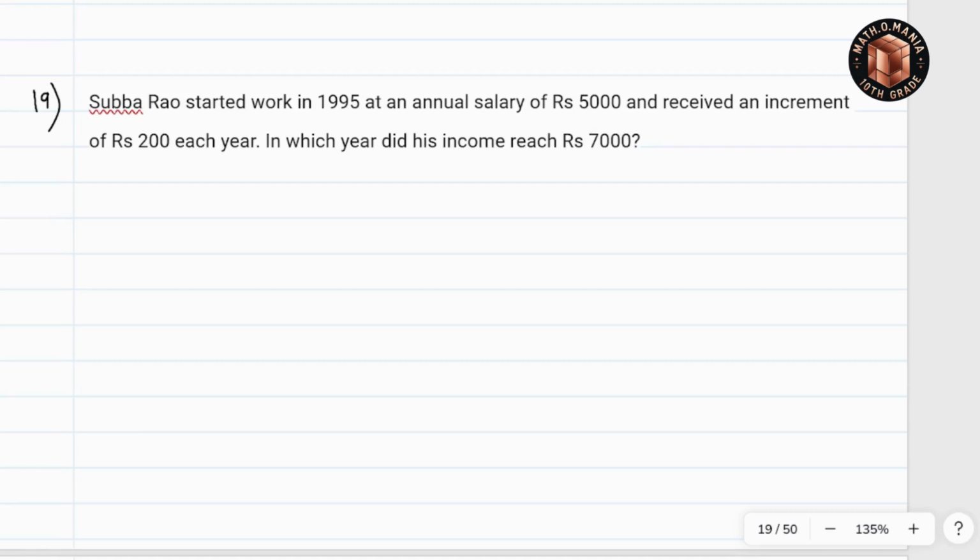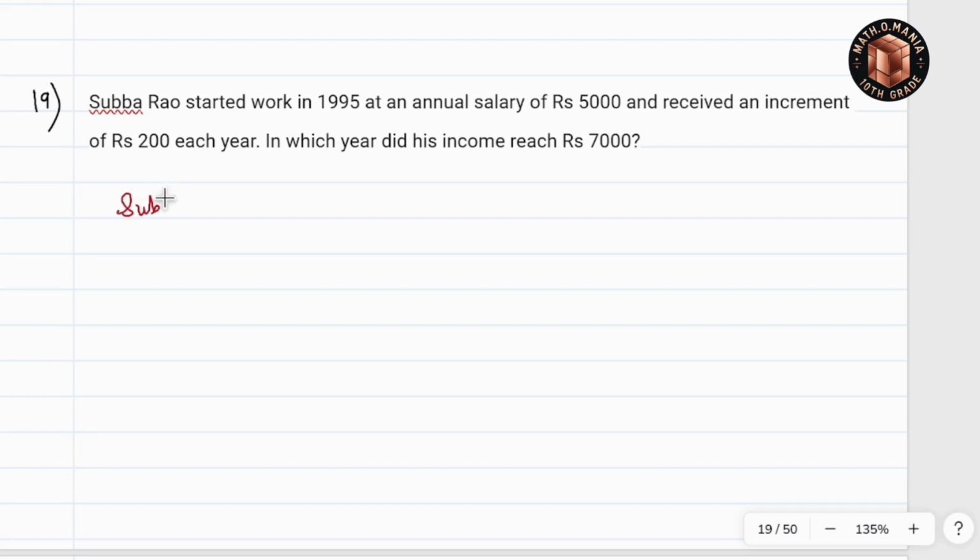Now let's do question number 19. Subarao started work in 1995 at an annual salary of rupees 5,000 and received an increment of rupees 200 each year. In which year did his income reach rupees 7,000? In order to find that, let us write Subarao's first salary.